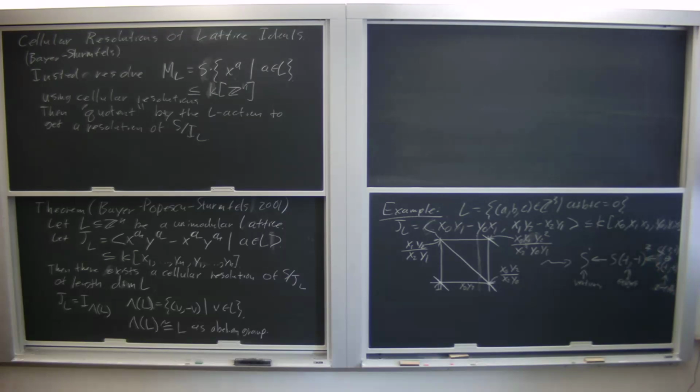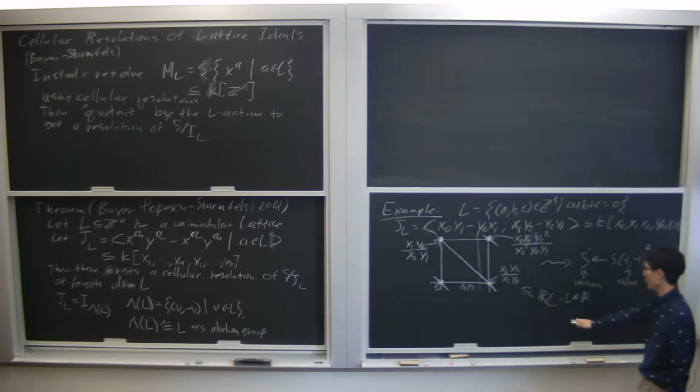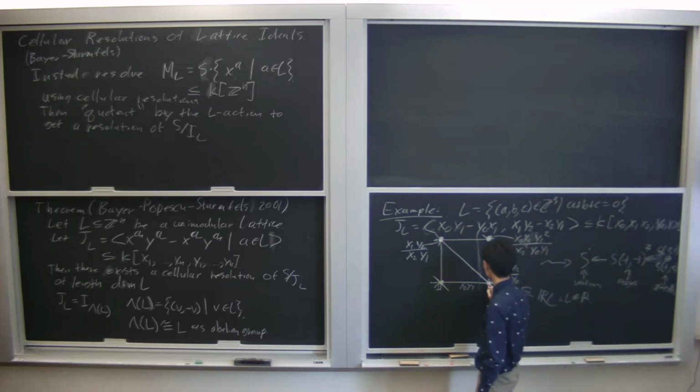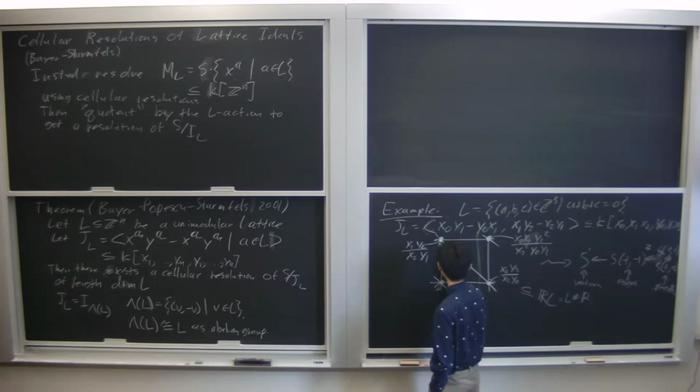So I claim there's one vertex there. Why is there one vertex there? Because these are lattice points. So this whole picture lives inside of R tensor L. What I mean by this is, it's literally R times L, but you can also think of it as L tensor R, depending on how you want to think about it. This picture lives in RL, and these vertices here are the lattice points.